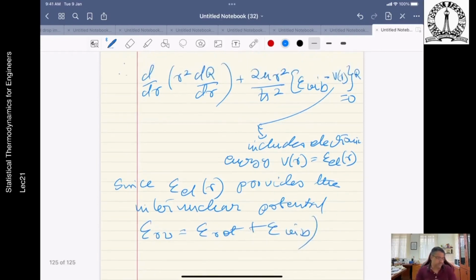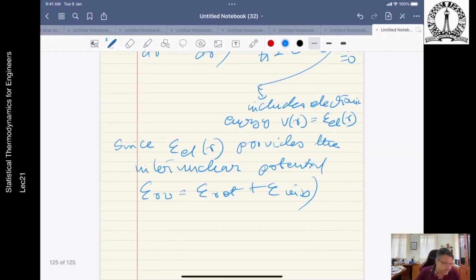Okay, so VR needs an expression. At this point, we need to have an expression for VR. VR, which includes the electronic potential, needs an expression.